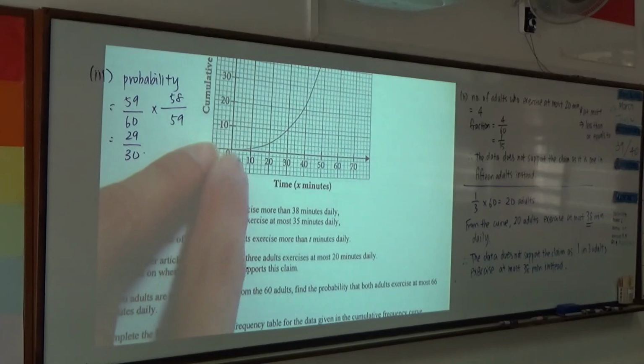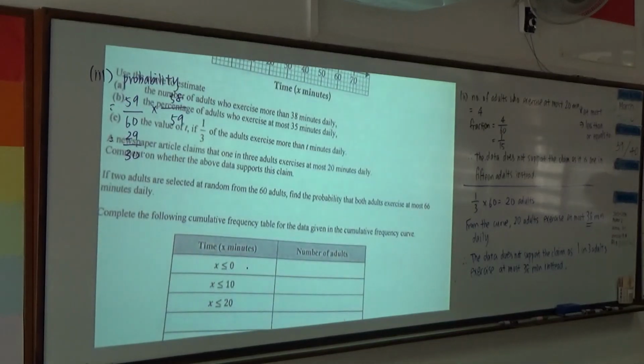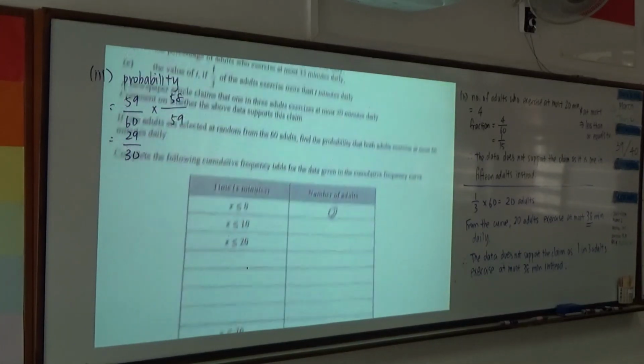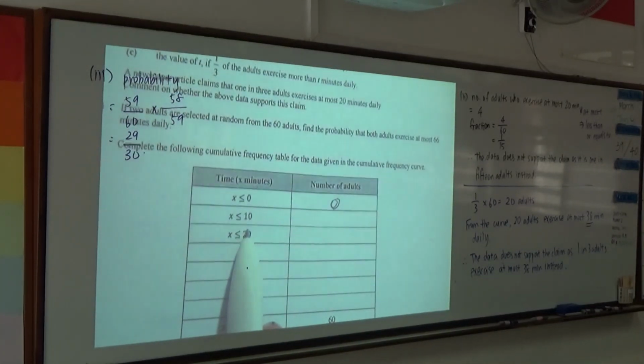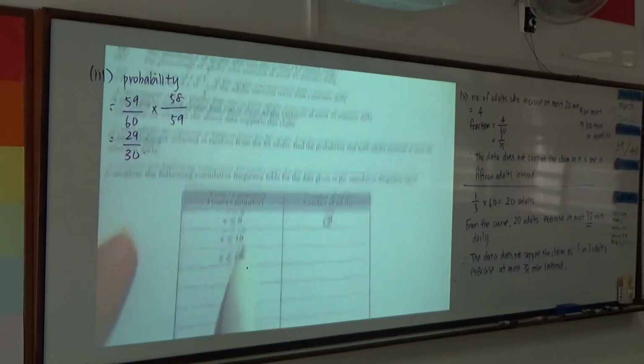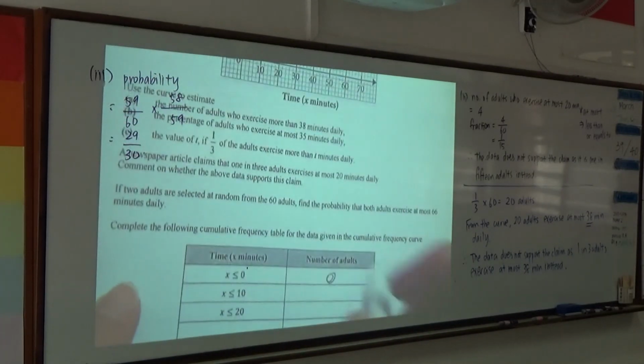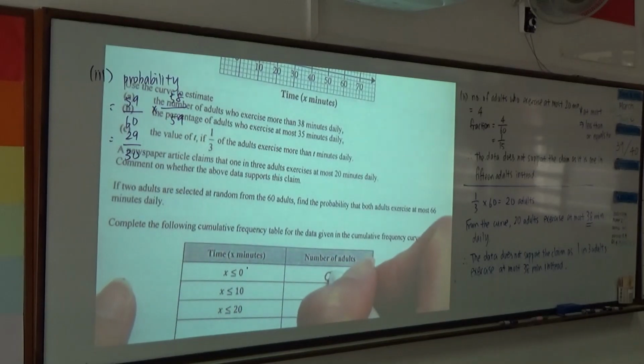When it is at 0, we see that the curve happens to start at 0 as well. So the number of adults will be 0. When it is x less than or equal to 10, reading from the curve, we see that the value is 1, so therefore it is 1 here.